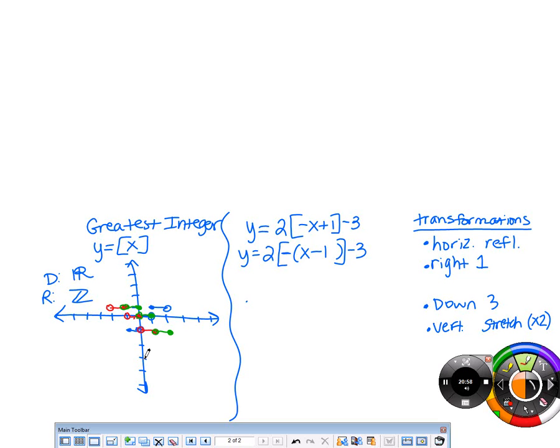So it's going to be here. So the ones around it will also go down 3. So all these steps got moved down 3 so that they're now right here. Okay? Any question on moving down 3?